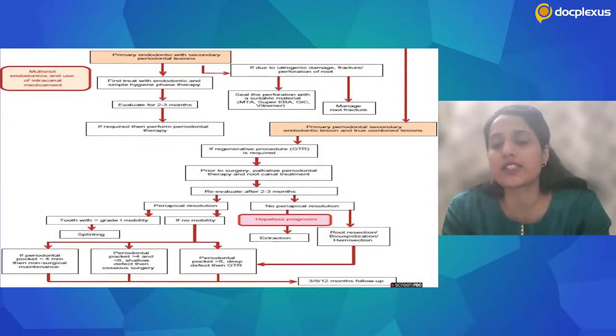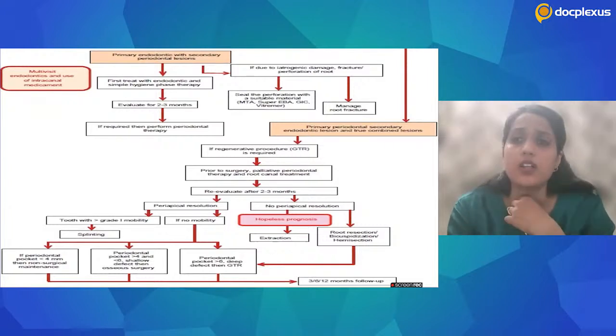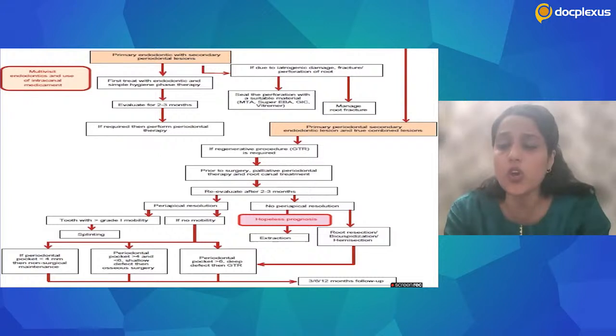And if certain procedures like root resection, bicuspidization, or hemisection can be performed, then all of those treatment options should be discussed with the patients. If the tooth after periapical resolution has mobility lesser than grade 1, or if there is no mobility, then we should be happy.